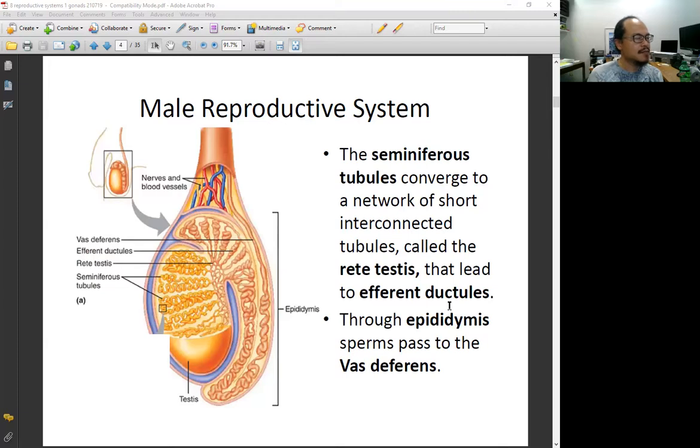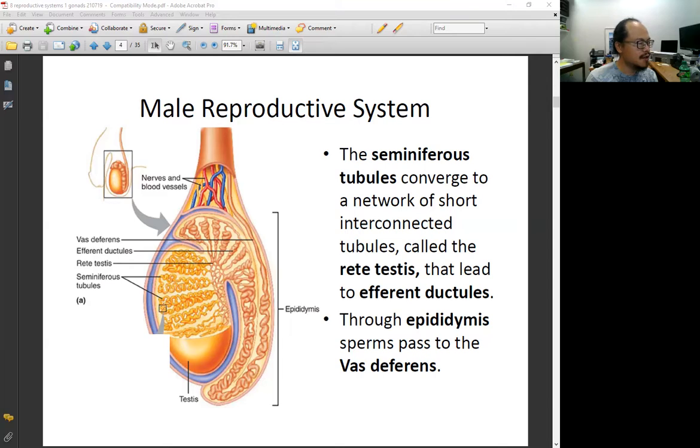And here is zoomed in to look at the testicles, these gonads. And you can see that here we have these seminiferous tubules.